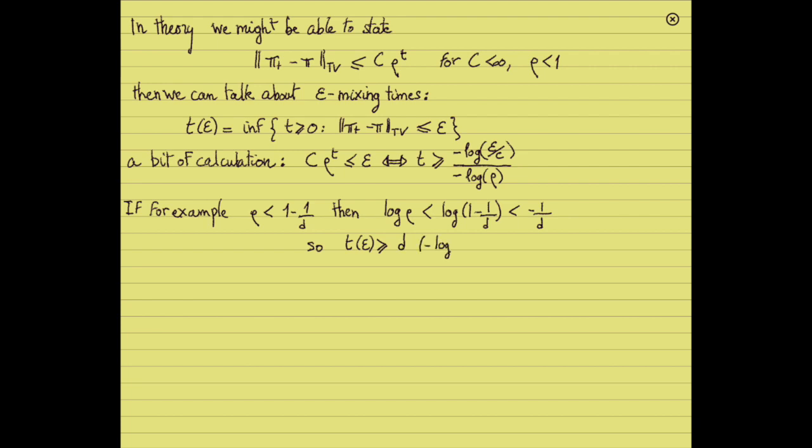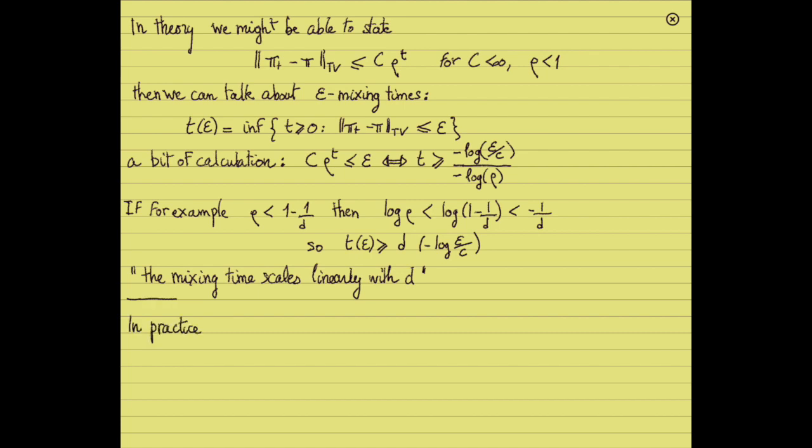So for example, if your algorithm is such that the mixing rate rho is less than 1 minus 1 over d, this would suggest that you should run a number of iterations linear in d, whether d represents the number of components in the state space or some way of characterizing the difficulty of the problem.